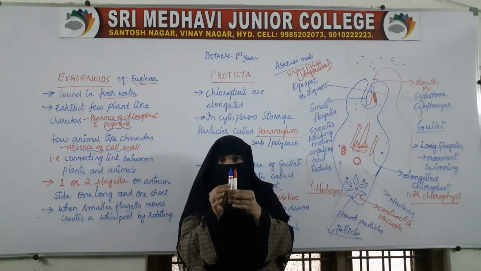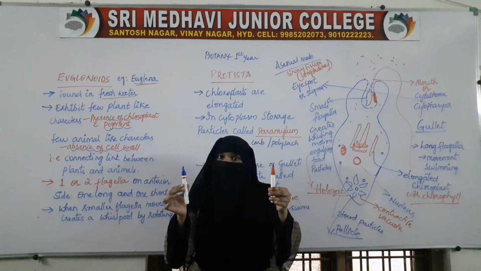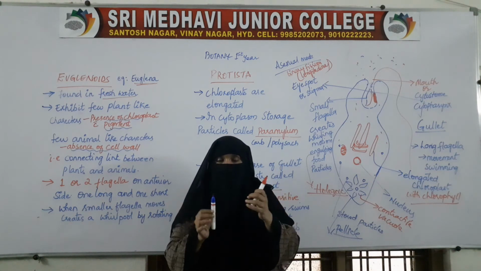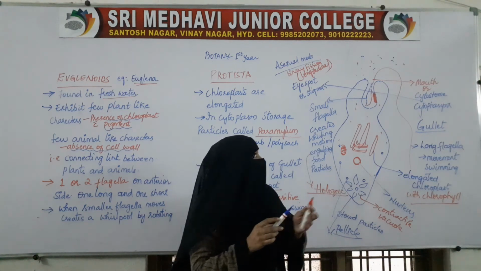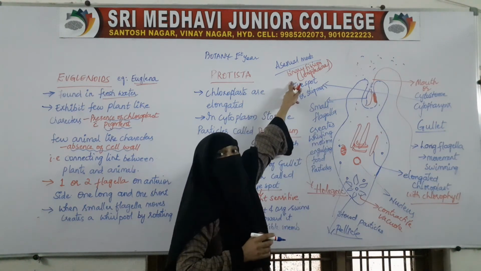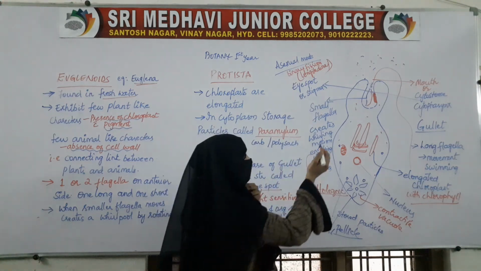Binary fission is nothing but splitting of one organism into two. For example, this is one organism, so this will split into two. This type of reproduction is called as the binary fission. Now here it is splitting longitudinally.